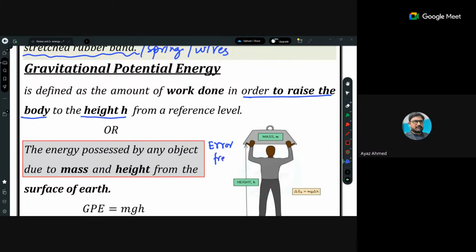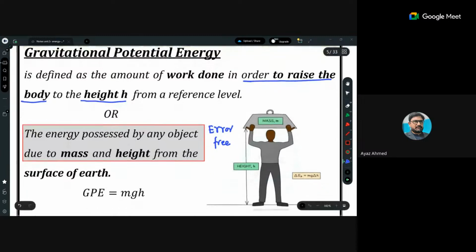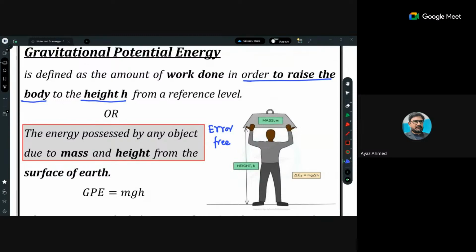So when you are going to write this, write that the energy possessed by a body due to its mass and height from the surface of earth. If you don't write from the surface of earth, you will still get the marks, because it is understood that we are taking the height from the surface of the earth.